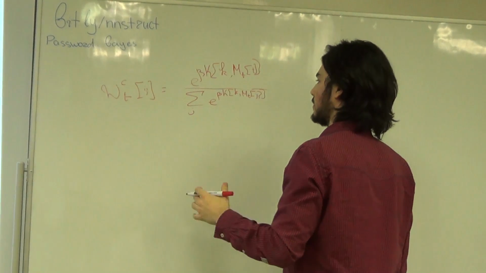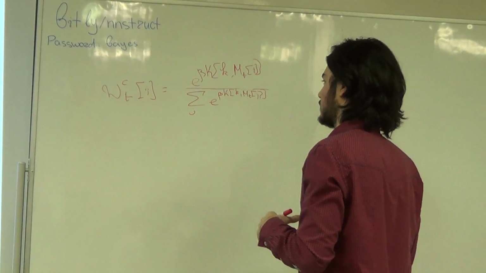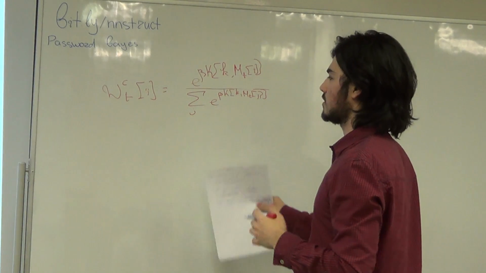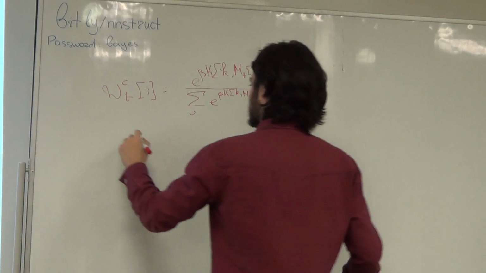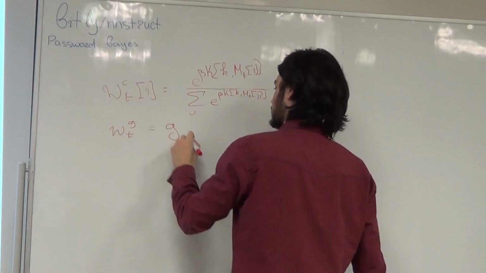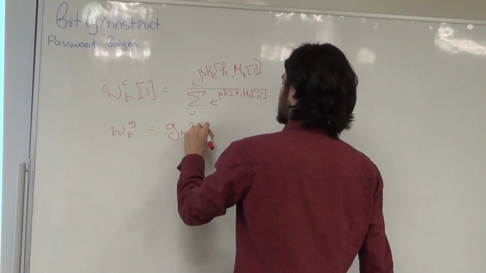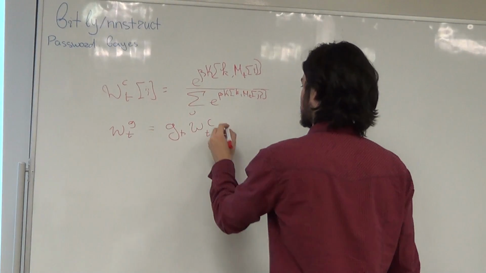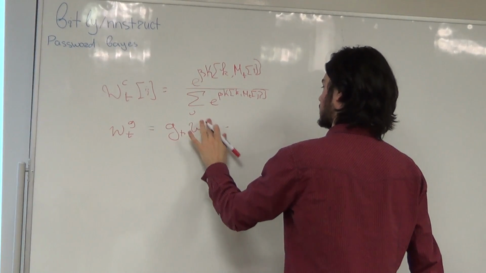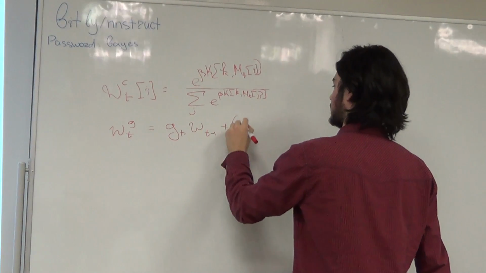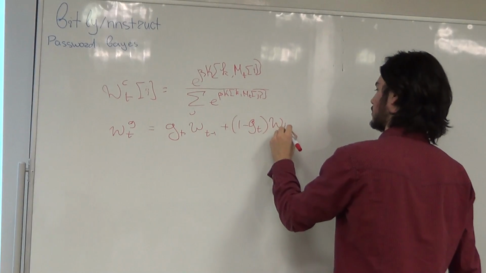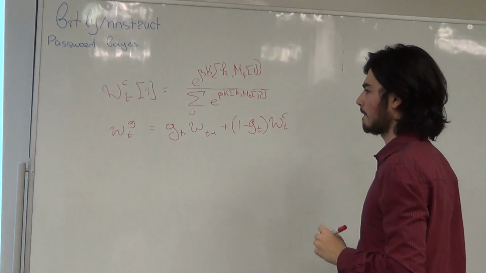Then we perform interpolation, which will allow us to switch between this mechanism and the indexing mechanism. So w_t^g is just a gate g_t times the weight at the previous timestamp, and plus 1 minus g_t times the content vector.